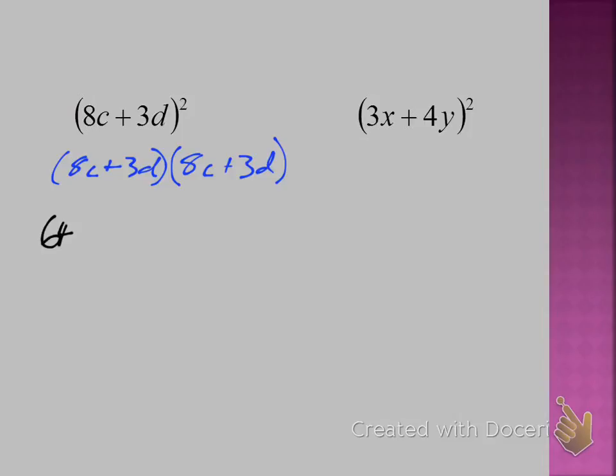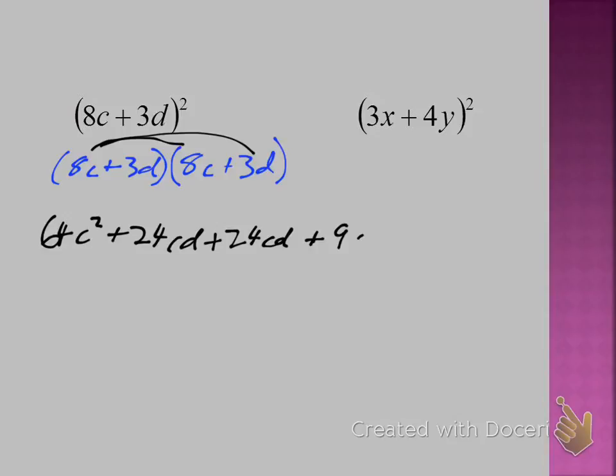So 64c squared plus 24cd plus 24cd. That's the nice part: those middle two will always be the exact same. Plus 9d squared. So 64c squared plus 48cd plus 9d squared.